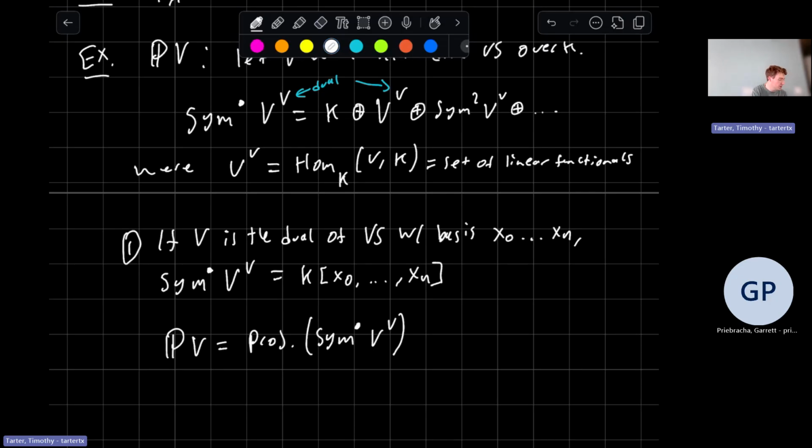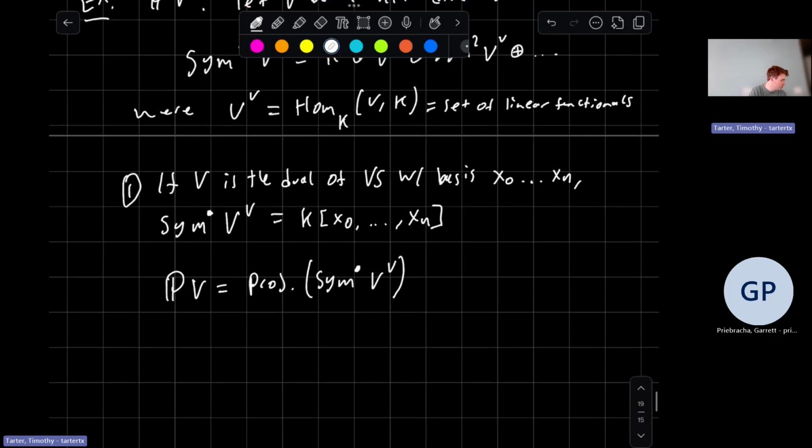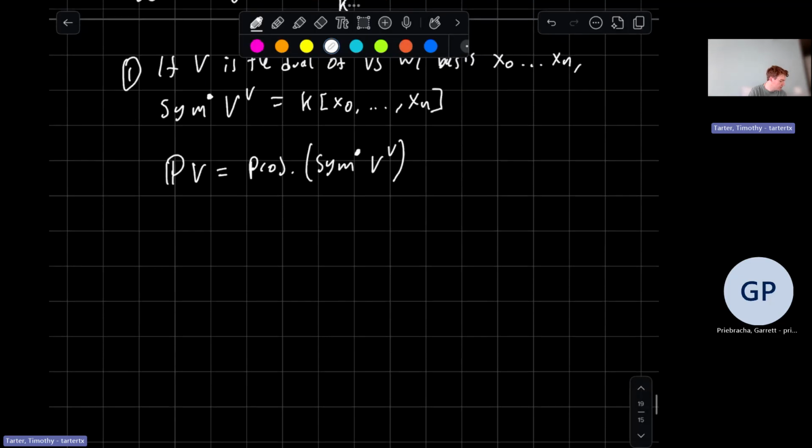They're linear functionals on the underlying vector space. So yeah.